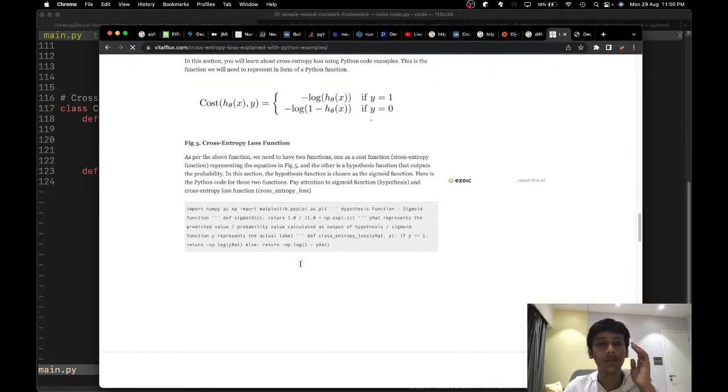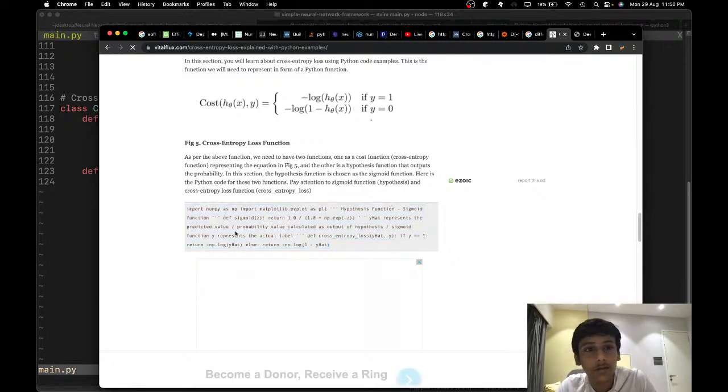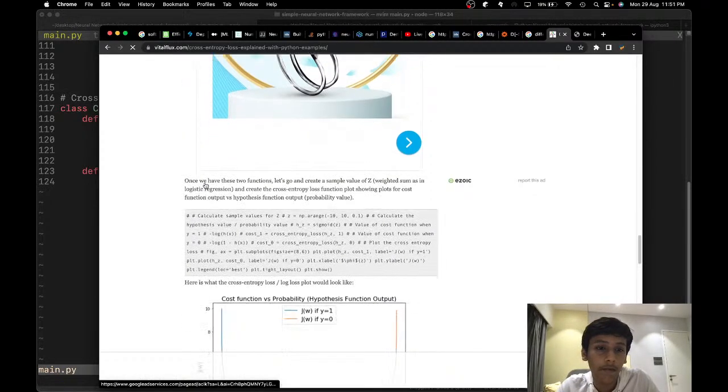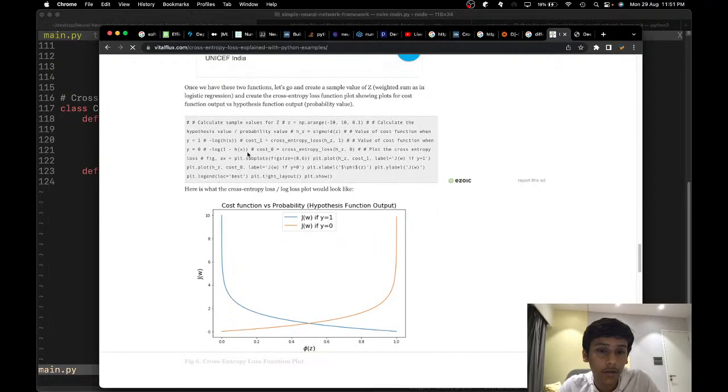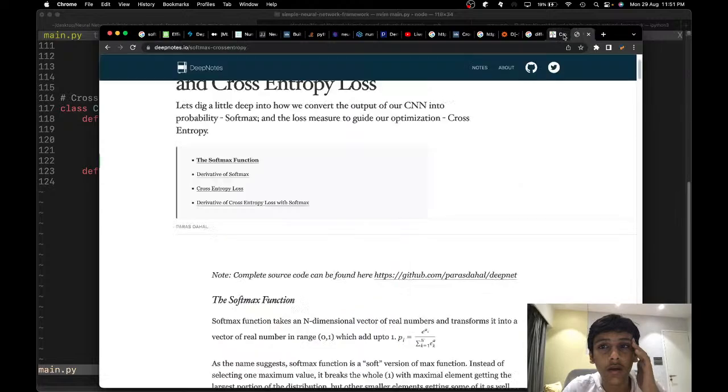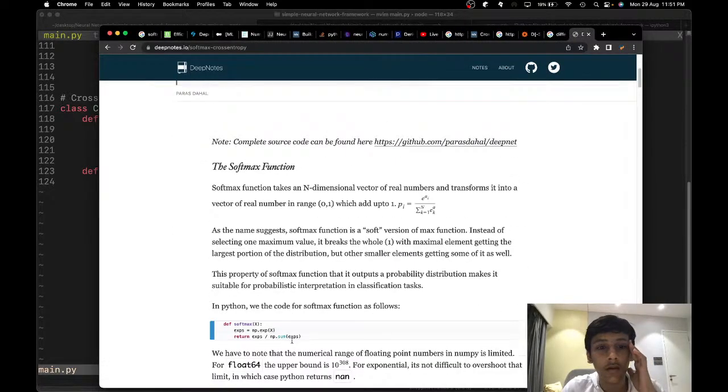So this stuff, I mean, come on, man, this is not even a well formatted document. How am I even gonna understand it? You know what? I don't care. I think we're just gonna implement this one.